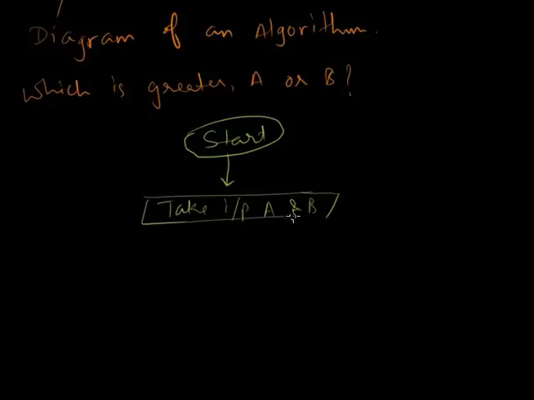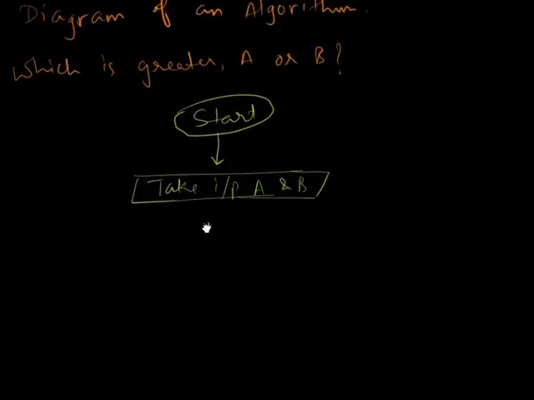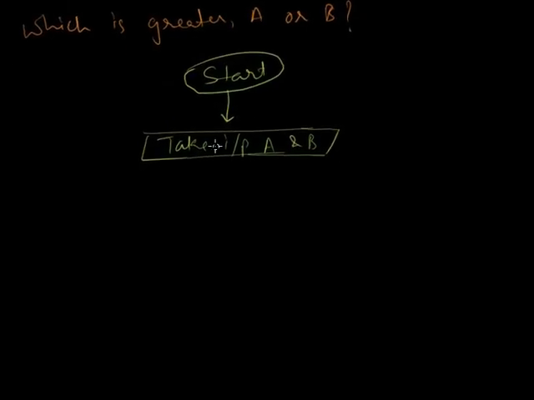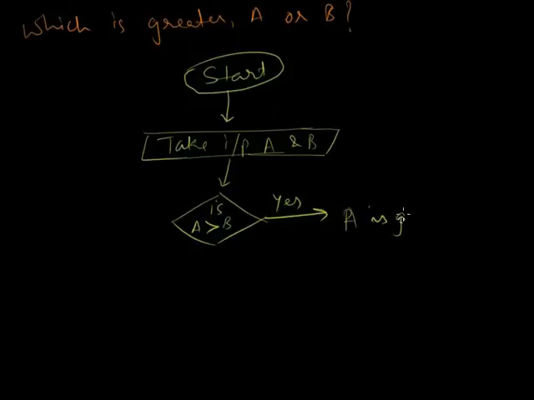So we are drawing an algorithm right here. Then we checked whether A is greater than B or B is greater than A. Is A greater than B? If A is greater than B, yes, then we print A is greater.